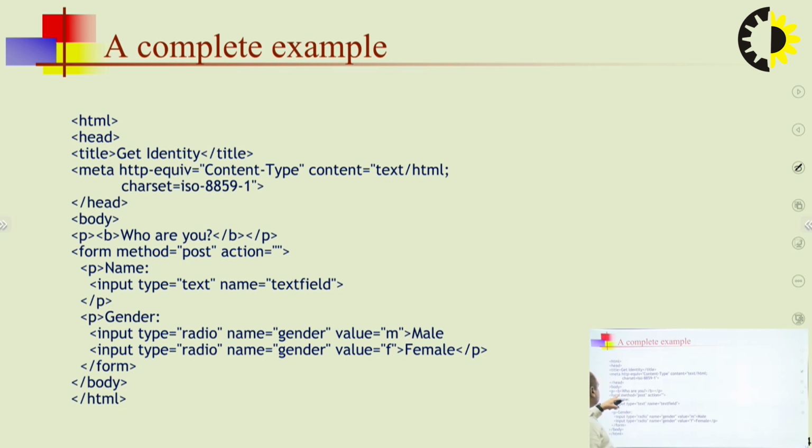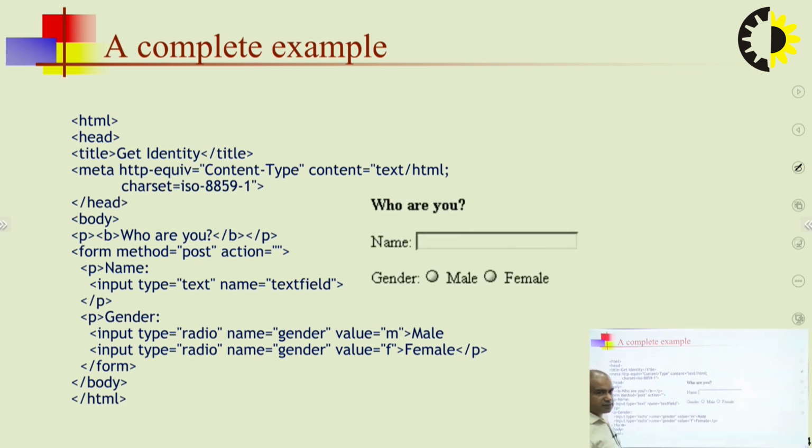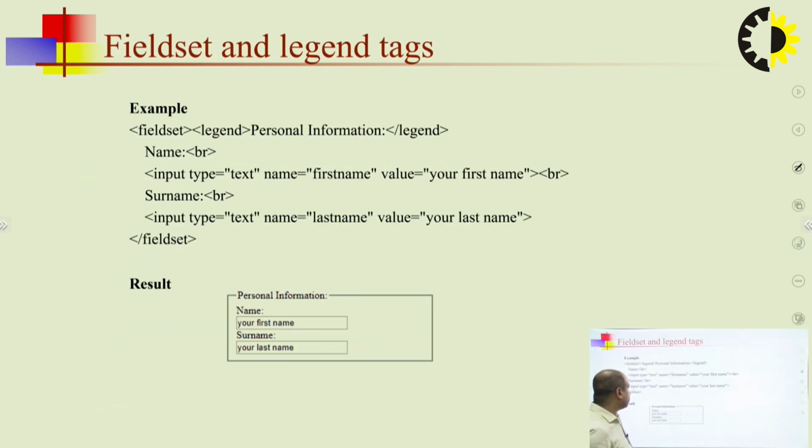Next, the body: we first write "who are you", then form name, form method equal to post, and action, which is for the server. Name, input type equal to text, a text field will appear. Gender, input type equal to radio, name equal to radio, values male and female. You will see the result: this kind of form page will appear.